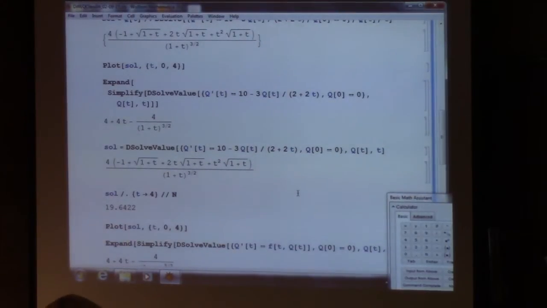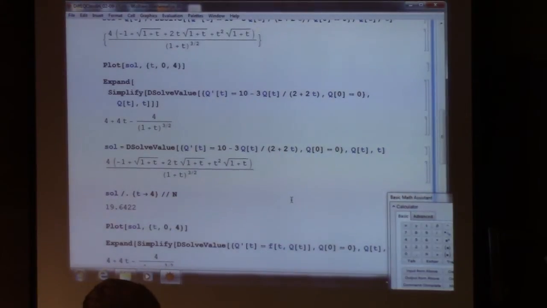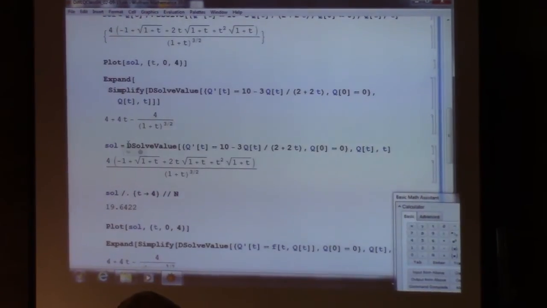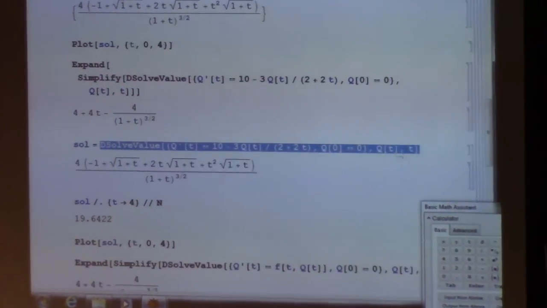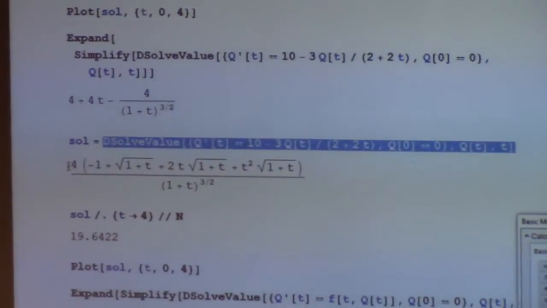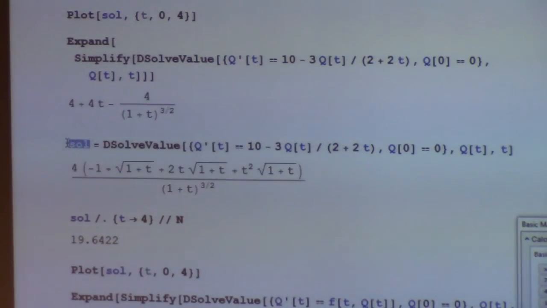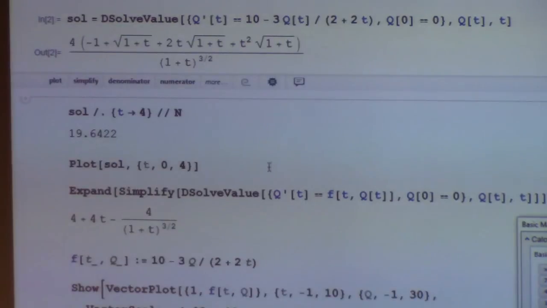I want to show you how you can use DSolveValue in probably the slickest way that you can. So use DSolveValue right here to get this expression that defined my solution and stored it in this symbol.